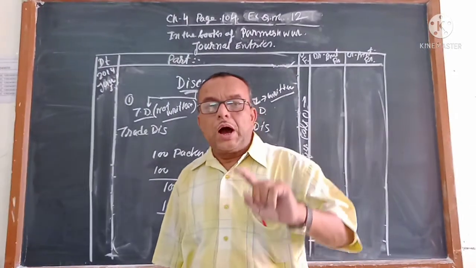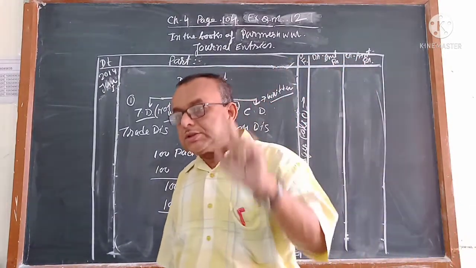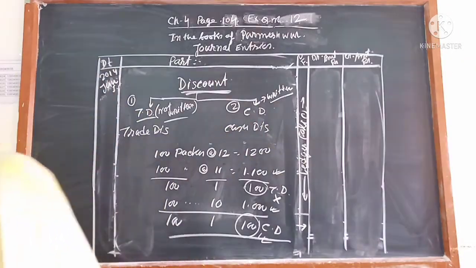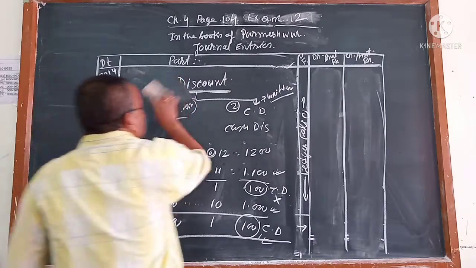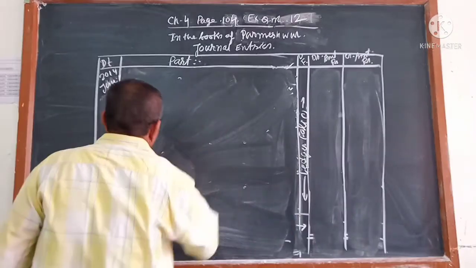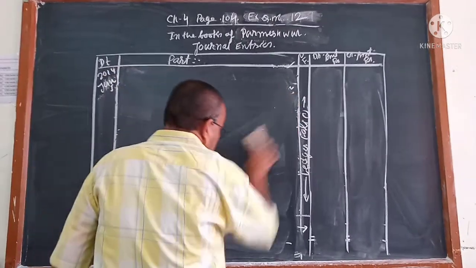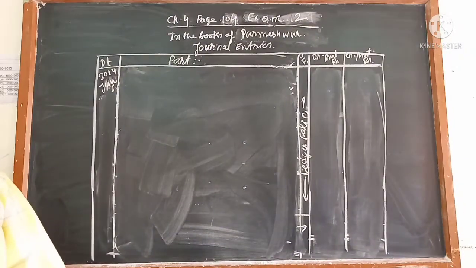But keep in mind, cash discount will be calculated on how much money we are paying, not more than that. Like that, calculation 1 or 2, let me show it so that you can understand how it is going on. Let us see page 104.